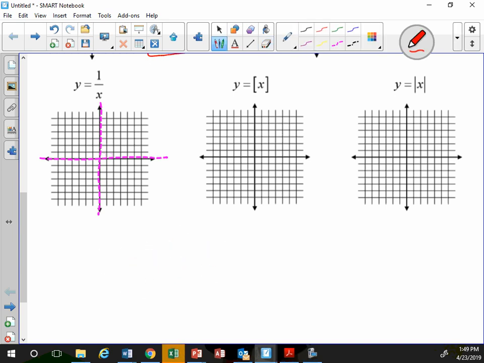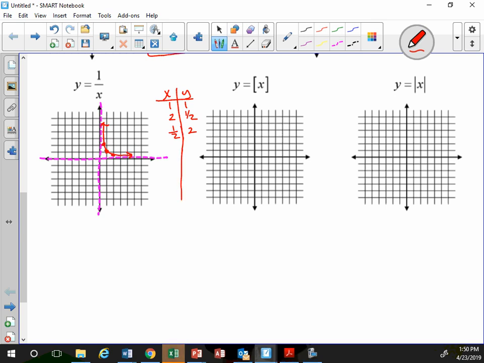All right, so points for this. If I plug in a 1, I get a 1, right? What if I plug in a 2? What do I get? Okay, that's less fun. I don't want to keep going because I'm just going to get a third, a fourth, a fifth. What if I plug in 1/2? What do I get? 2. Yeah, okay. That's enough for it to follow the asymptotes on that side.